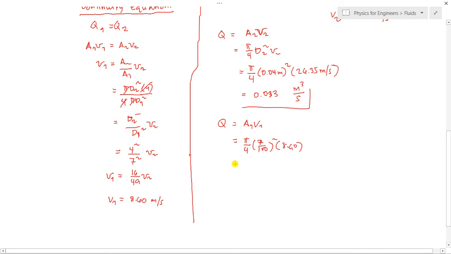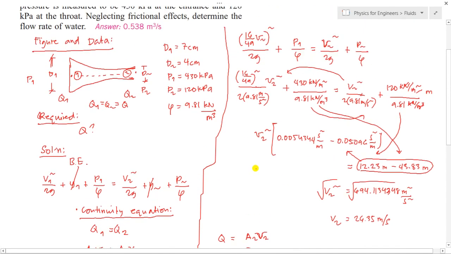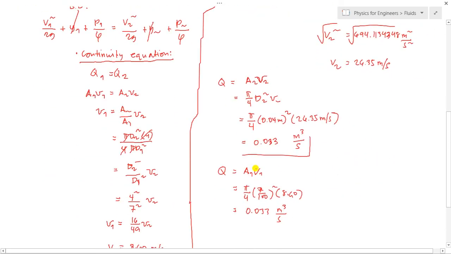The answer is pi over 4 times 7 over 100 squared times 8.60, which is 0.033. So it is the same, 0.033. I rounded off, I did not retain everything, so there is a big difference in the answer.